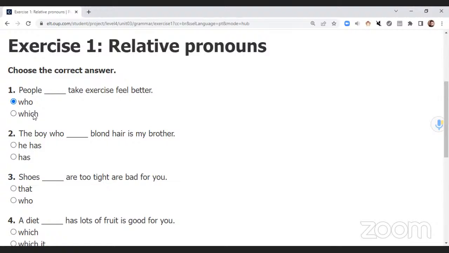Okay, number two. The boy. Okay, you will read the sentences, please. The boy who has blonde hair is my brother. Okay.